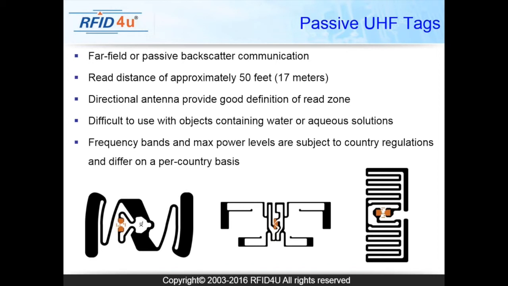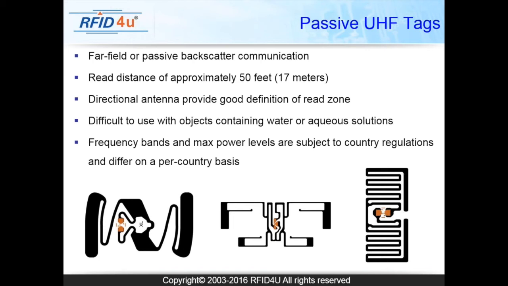What this means is that when UHF came along and we said we want to use UHF, we looked at each country. In the United States, we said we want to use the frequency range of 902 to 928 megahertz. We went to Europe and said we want to use the same, and Europe says we can't use that range because we're using 915 for our cell phones and other things within that range.